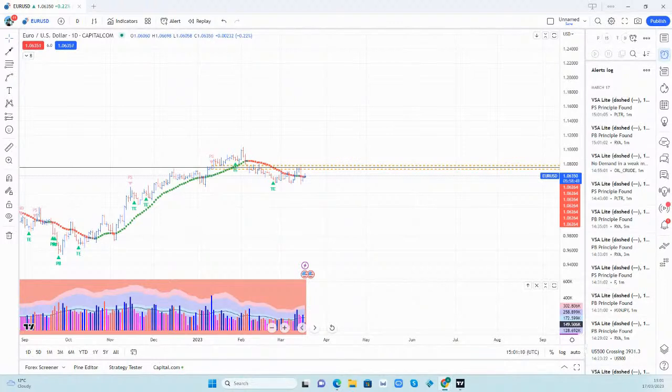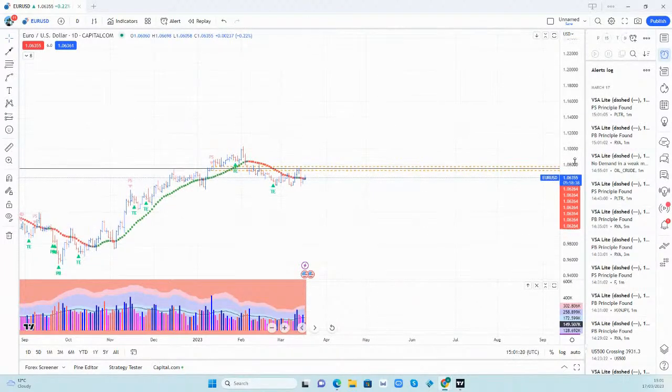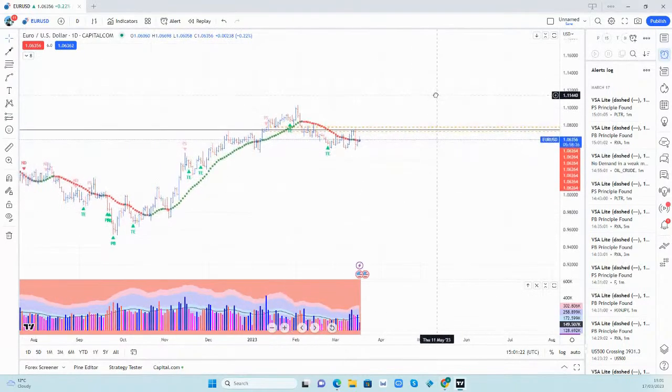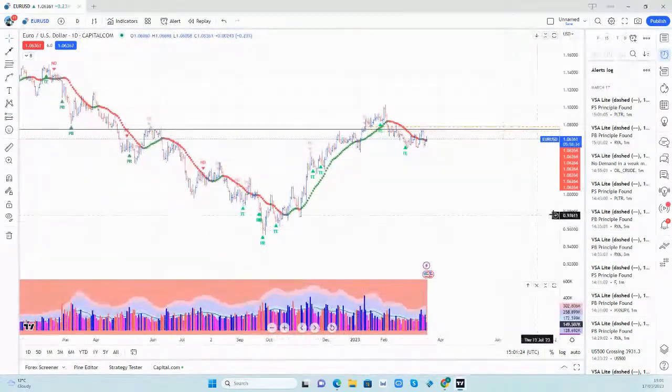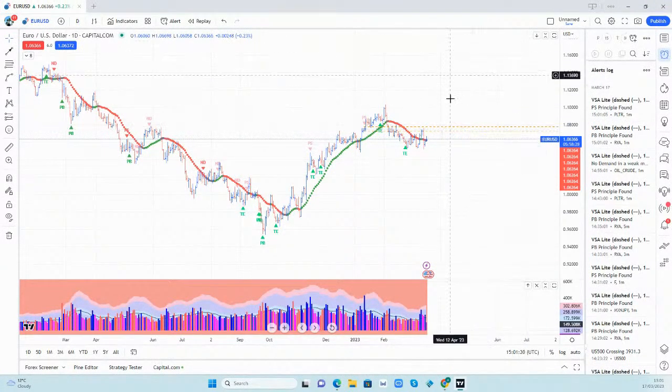We were looking at the charts earlier today in the live trading room. For those of you who are part of the live trading room, we did a lot of scalping today, and quite good opportunities were available on the US 500, which I took. And now I just want to analyze the Euro USD chart and see what's going on.